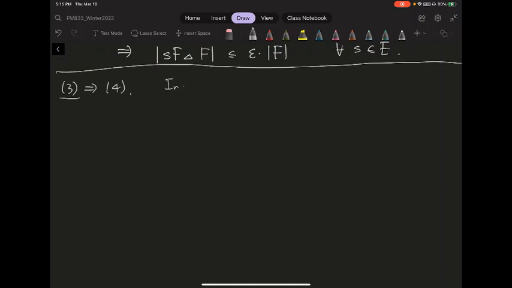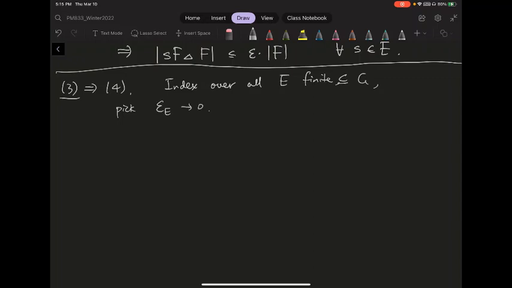Well, I can just index over all the finite sets, say all the E finite, a finite subset inside G, of course, and you can pick your epsilon of E that just goes to 0.